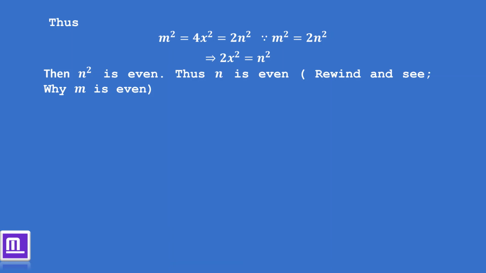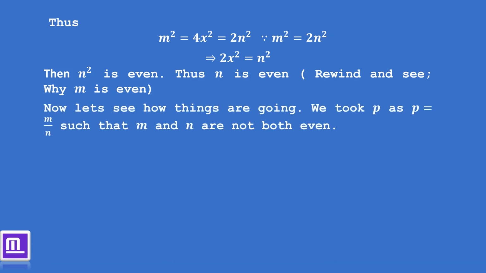Then n square is even. Similarly, n is even. If you don't understand why n is even, please rewind and see why m is even, because we explained this when explaining why m is even if m square is even.